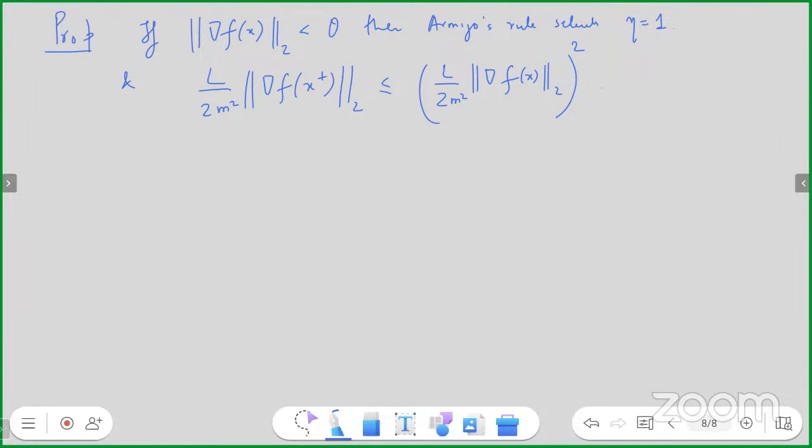We've been writing it as x_{k+1} equals x_k minus eta times the gradient. But can you write the gradient at x_{k+1} in terms of something? Let's try to prove, assuming this is true.